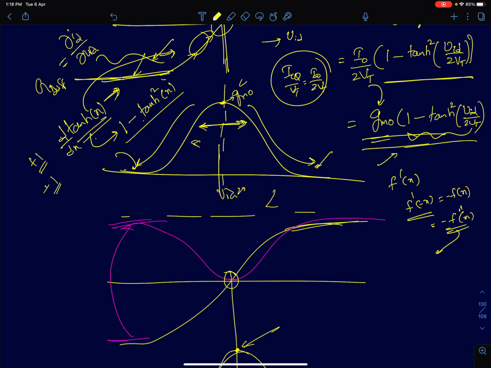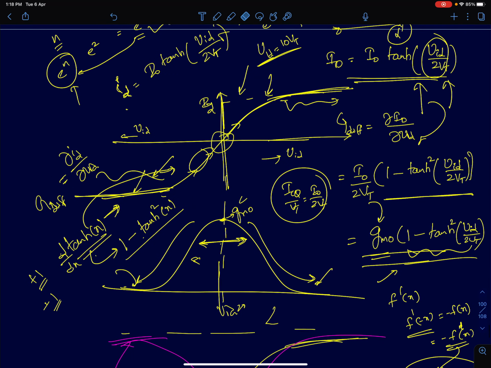I can directly show that for an odd function, if you take its derivative, f dash of minus x will be the same as f dash of plus x. This is something you can very easily show, and you can even see it graphically here.